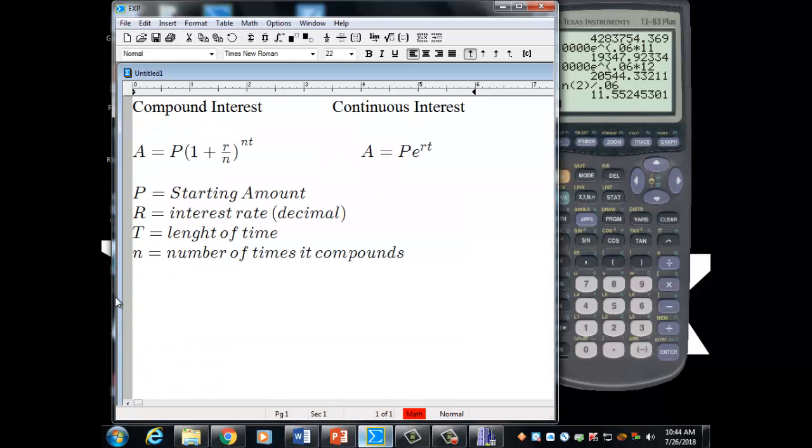So the time it takes for something to double, and this is another formula that you have, is T equals the ln of 2 over r.